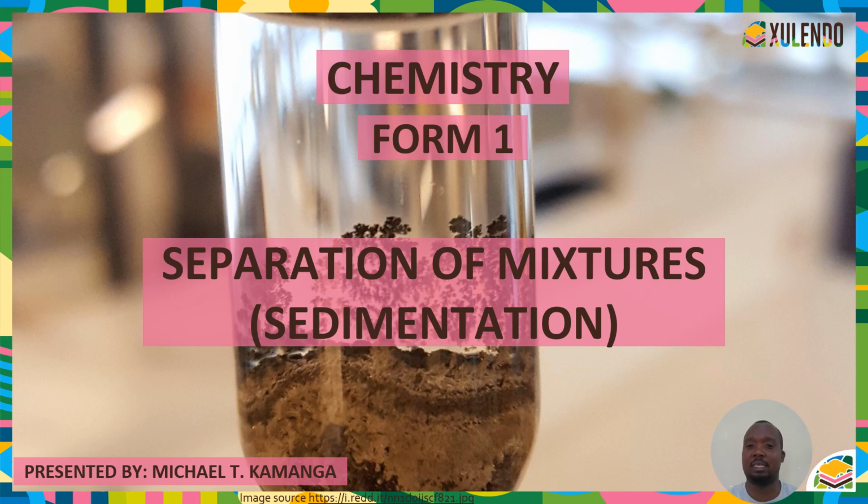So salt in this case is your solute, while water is your solvent. If you stir, after some time the salt particles will dissolve and remain in the solution. Even if you cannot see them with your eyes, they're dissolved inside the water, forming salt solution. So this is a homogeneous mixture, because you are unable to tell that this is salt and this is water.